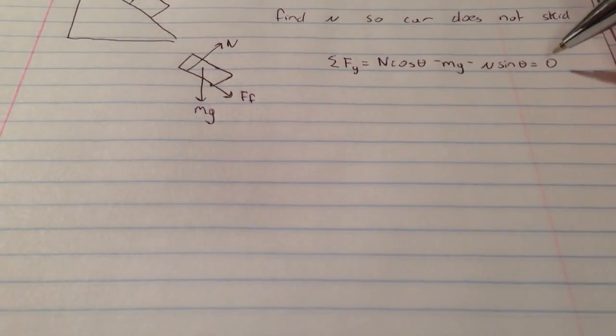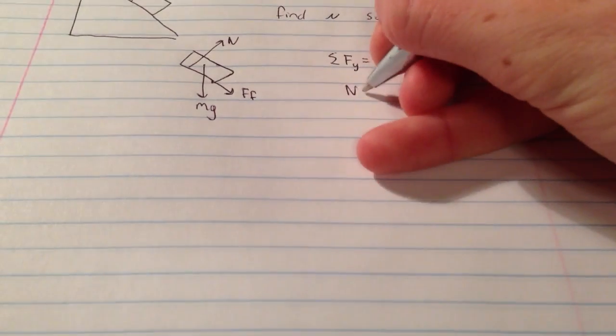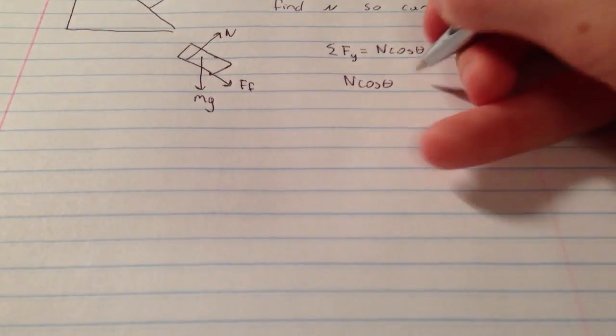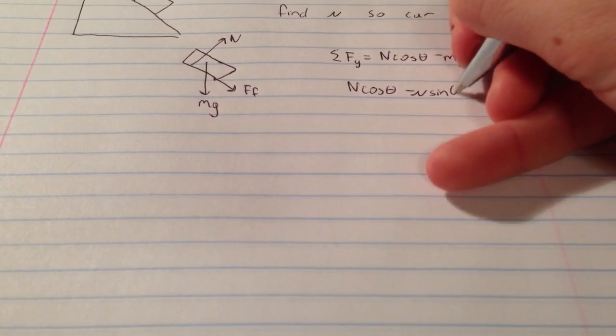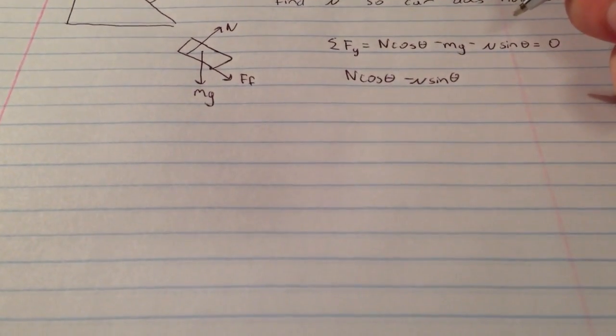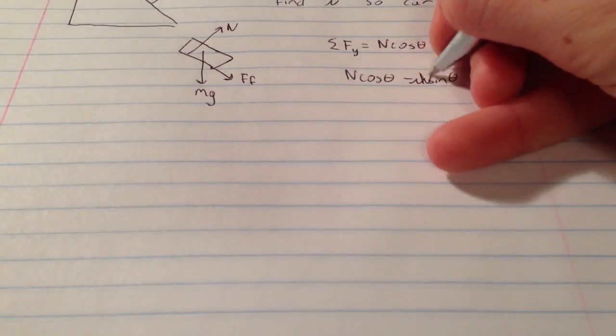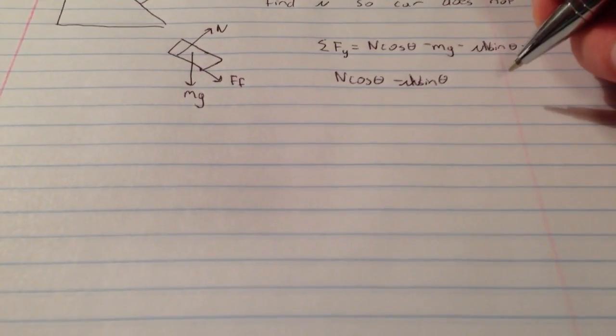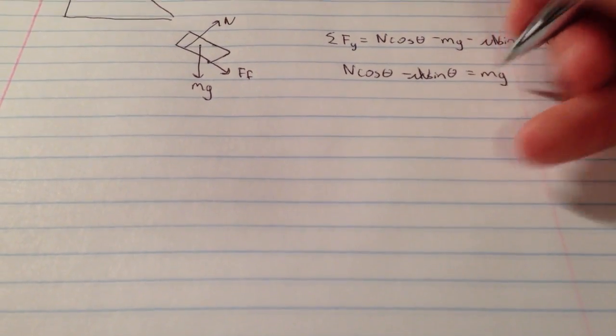Now we're going to solve for N, so we're going to move mg over to that side. So we have N cosine theta minus mu N sine theta equals mg.